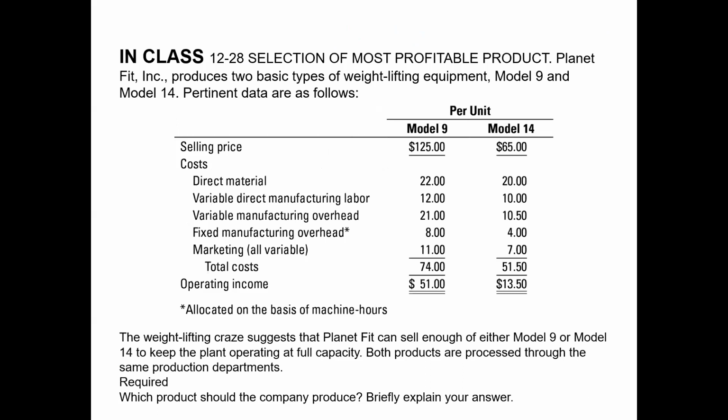Both products are processed through the same production requirements. So the required is, which product should the company produce? So that's going to be 1228. I want you to consider this homework. So I'm going to have you do 1238 and 1228 for homework.